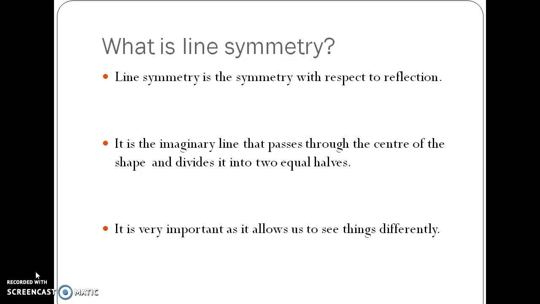If you let a line pass through the center of the square and divide it in whichever way, you will find that the square is divided into two equal halves, not in one way, but in 4 different ways. We'll come to see how to calculate that in the next slide.